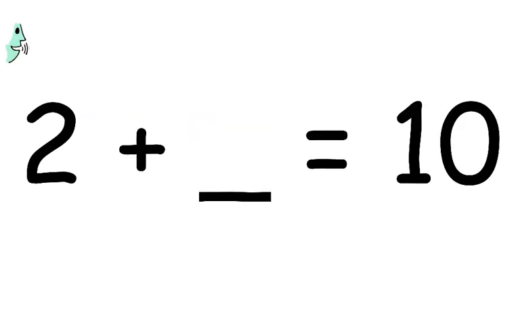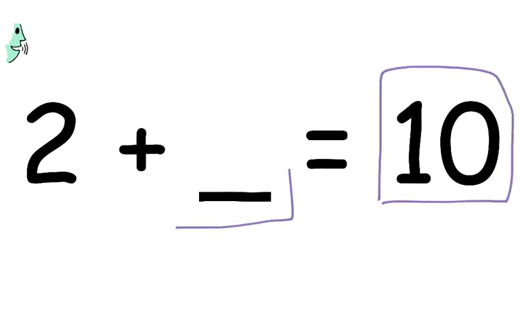All right. Now, I have given you the answer on these. You have to tell me the missing part, okay? 2 plus blank equals 10. So 2 plus what equals 10? I don't know if you can hear it, but that little squeaking is the hermit crab.